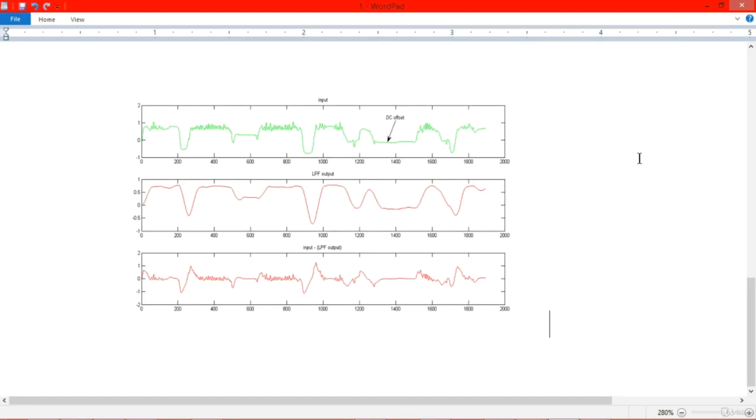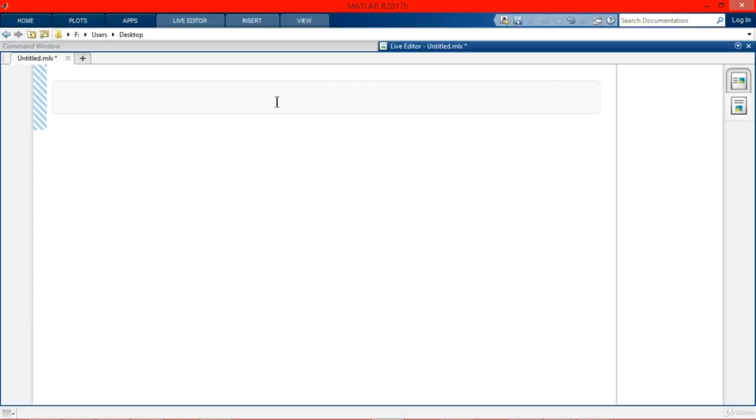Let's see how we can plot periodic and aperiodic functions on MATLAB. The expression for the sawtooth function is in comments: x equals sawtooth(2 pi omega t), where 2 pi omega is the angular frequency. First of all, set the time period as t equals 0 to 0.1 with the spacing of 1 divided by 1000.